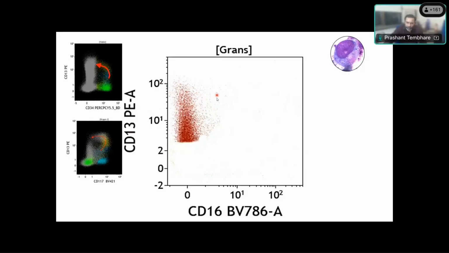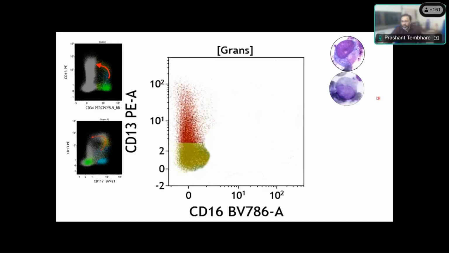The next stage is the myelocyte stage, where CD13 is down regulated. That means CD13 is lost. Here we have these olive color cells, which are CD13 and CD16 negative.